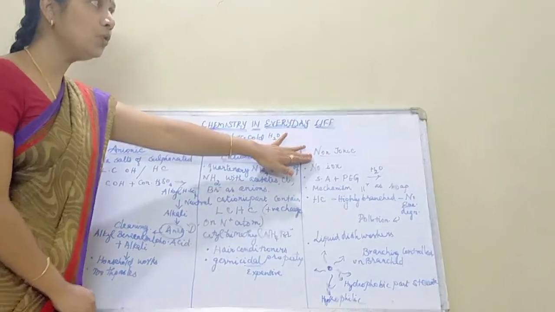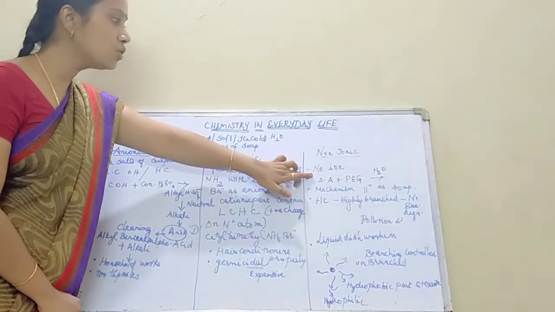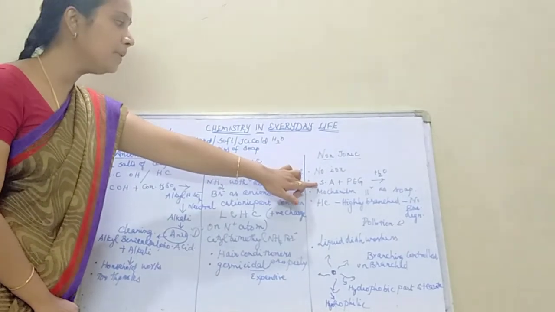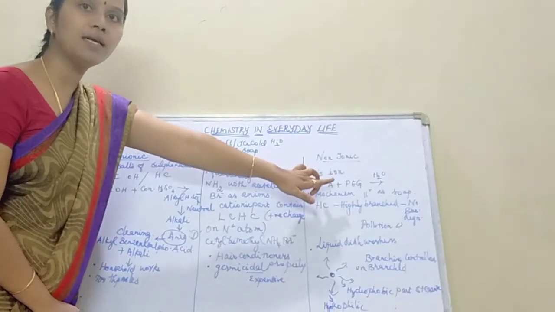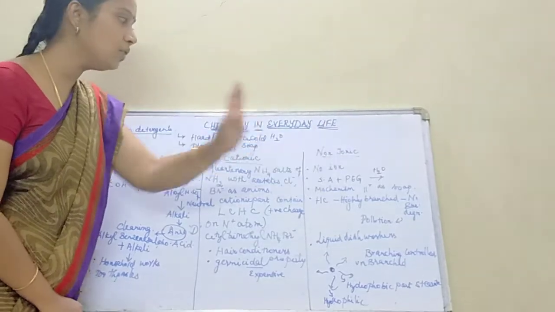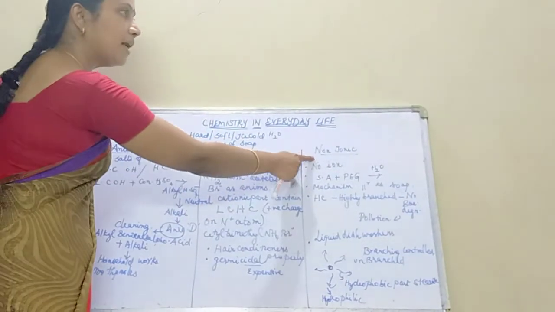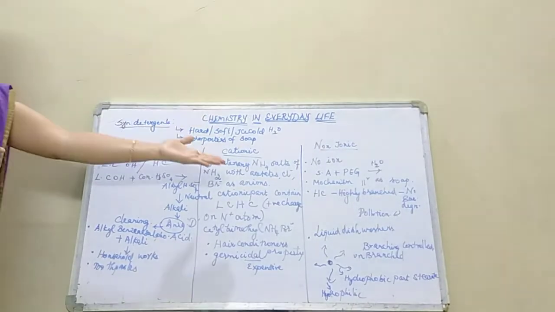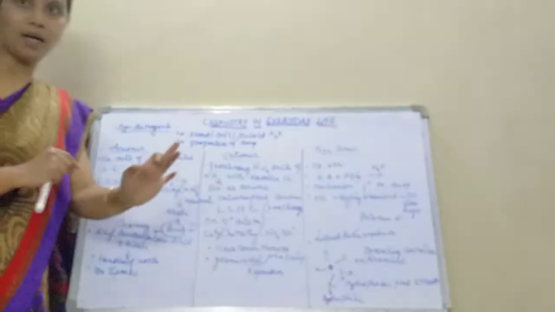So as I told you, in non-ionic detergents, there is no involvement of ions. Non-ionic detergents are produced by the combination of stearic acid and polyethylene glycol, hydrolyzed to give you a long chain. The mechanism of action of non-ionic detergents is similar to that of soaps. They also remove dirt by the formation of micelles.